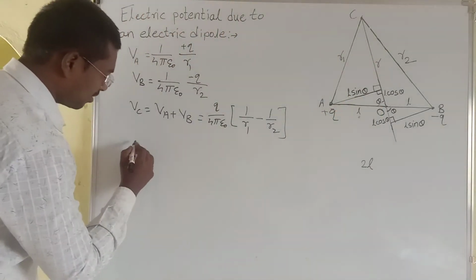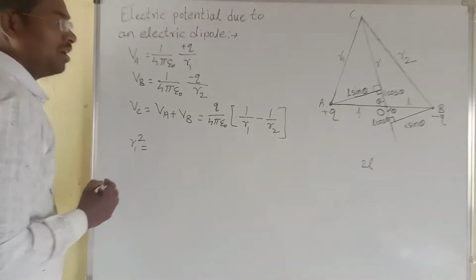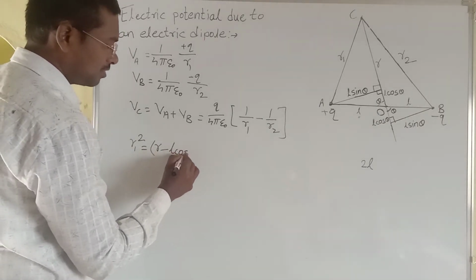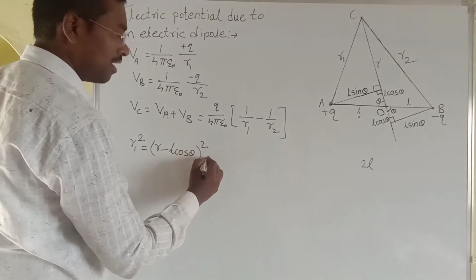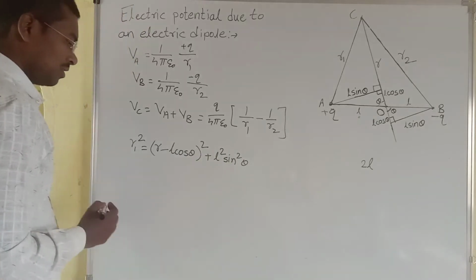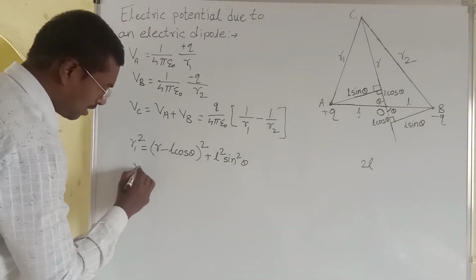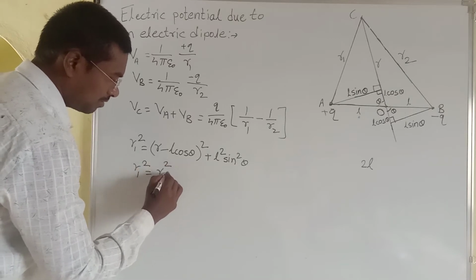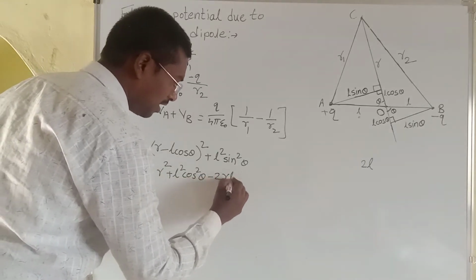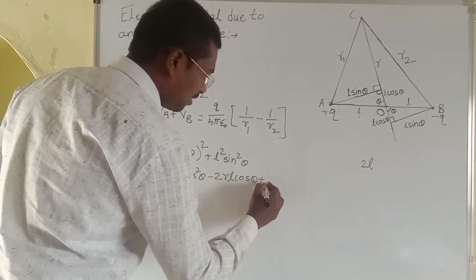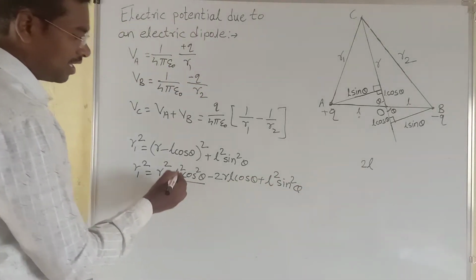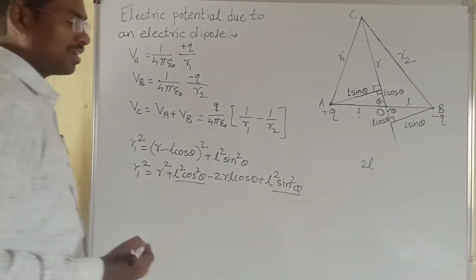By using the Pythagoras theorem, R1 square, the hypotenuse square, can be written as distance (R minus L cos theta) squared, plus the other side squared, which is L square sine square theta. Solve this bracket. So R1 square is equal to R square plus L square cos square theta minus 2 times RL cos theta, plus L square sine square theta.